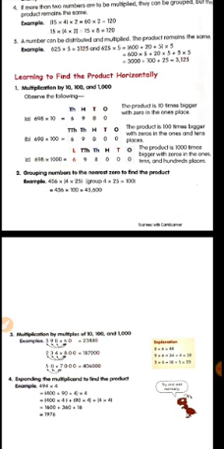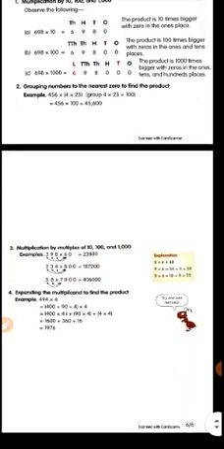So by this kind of grouping to the nearest zero, we can make our calculation easier to find the product. Third thing is multiplication by multiples of 10, 100 and 1000. It is the same thing. We will simply multiply the numbers and count the number of zeros which is given.